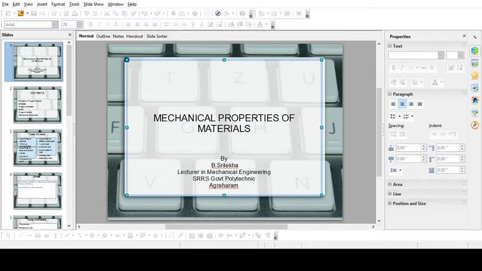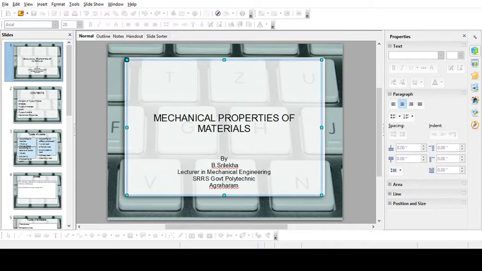When you leave it, it will regain its shape, but while you are pushing it, it comes nearer. This is compressive load, and the stress induced in that body is compressive stress. For compressive stress also, the formula is compressive load by area of cross section.